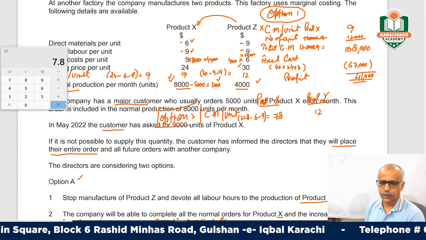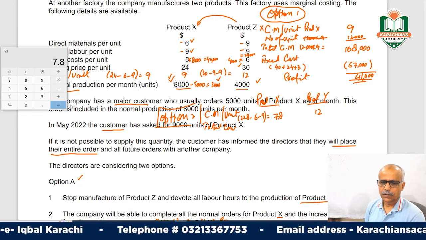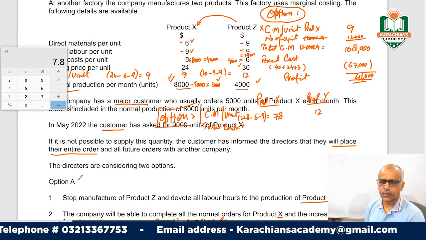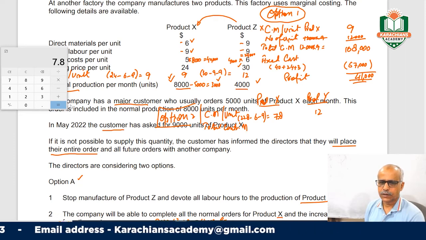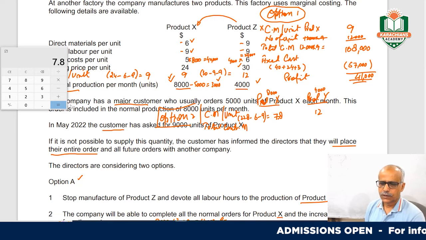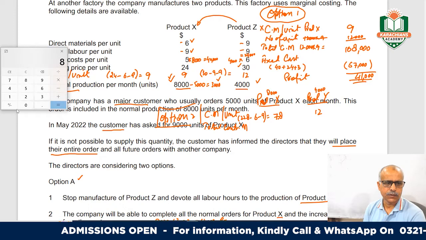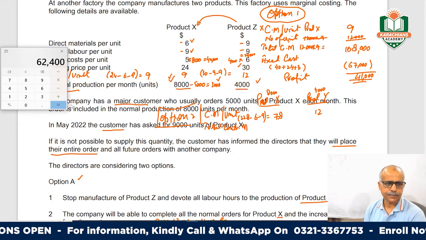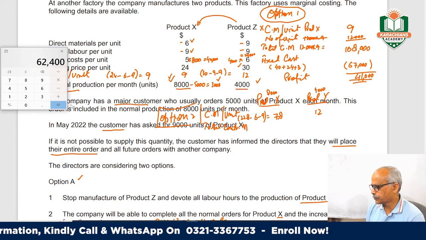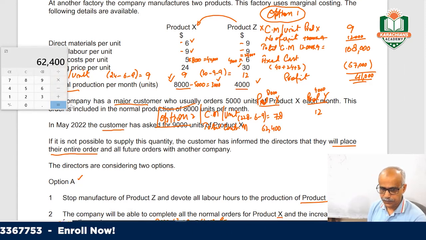So how much will be the total contribution? The total contribution margin would be, you are selling 8,000 of this unit and 4,000 of this. So contribution margin will be 7.8 into 8,000. This will be 62,400, right?